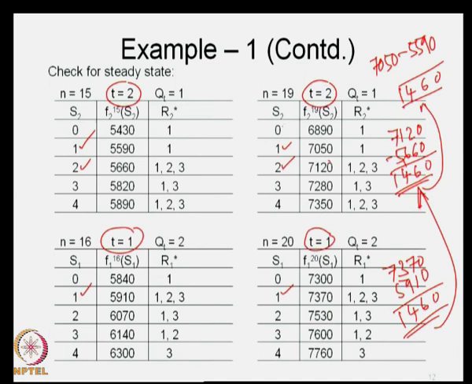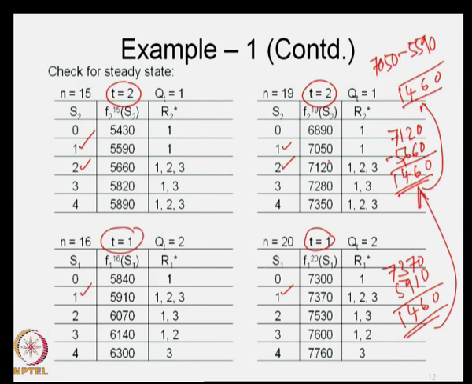Then for t is equal to 2, for a given S1, S2, you have the associated R. Like this, you can do it for t is equal to 3, t is equal to 4 and so on. Remember, irrespective of the time period, irrespective of the storage state, if you follow the policy specified for that particular time period and that particular storage, the annual returns will remain the same, 1460.